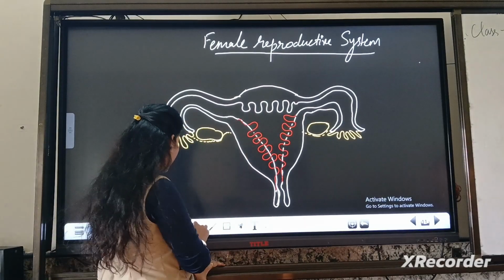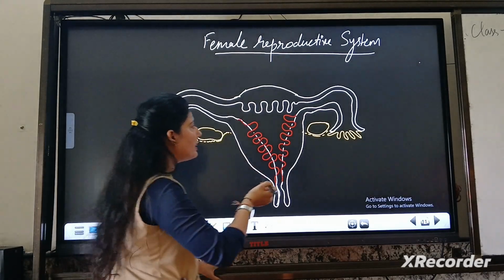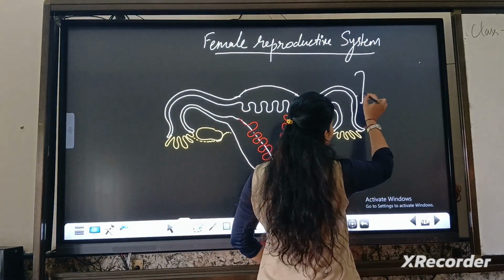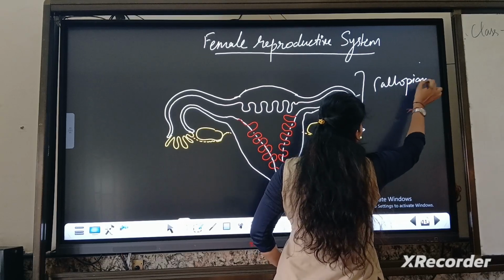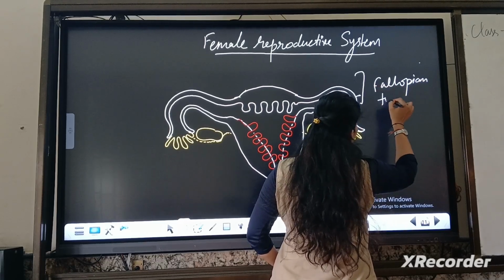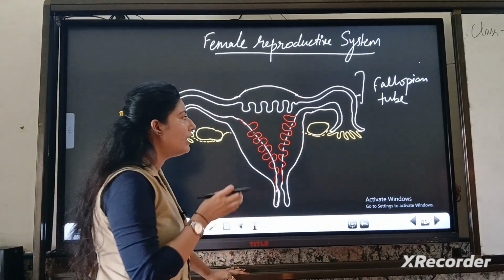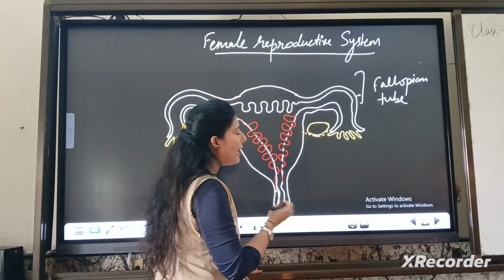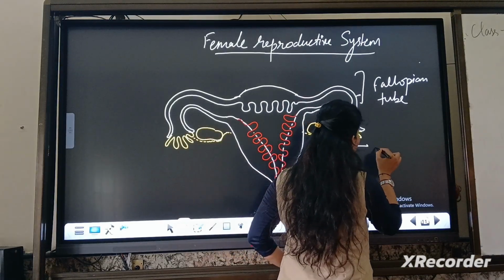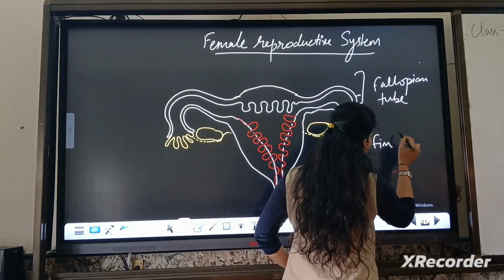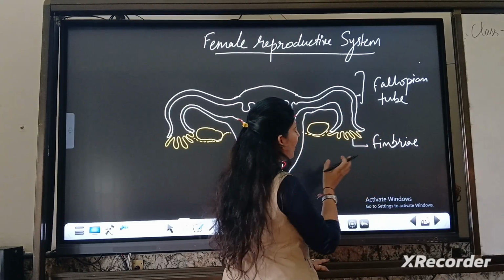So there are so many ducts present, of which the main duct we know as the fallopian tube, sometimes called the oviduct. This fallopian tube has finger-like projections at its lower end, which we know as fimbriae.